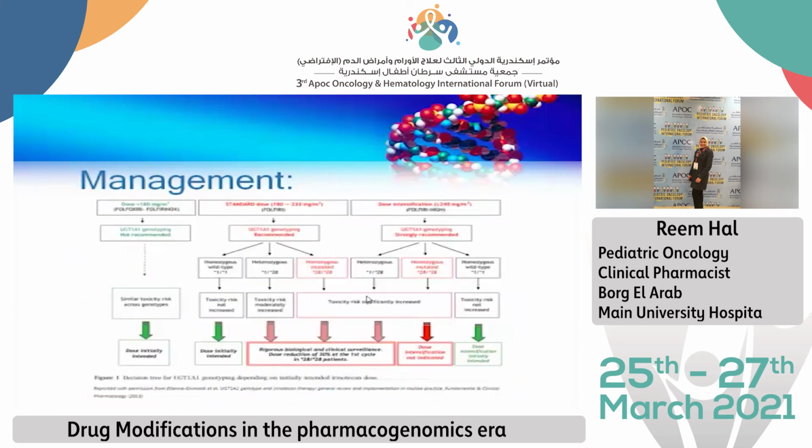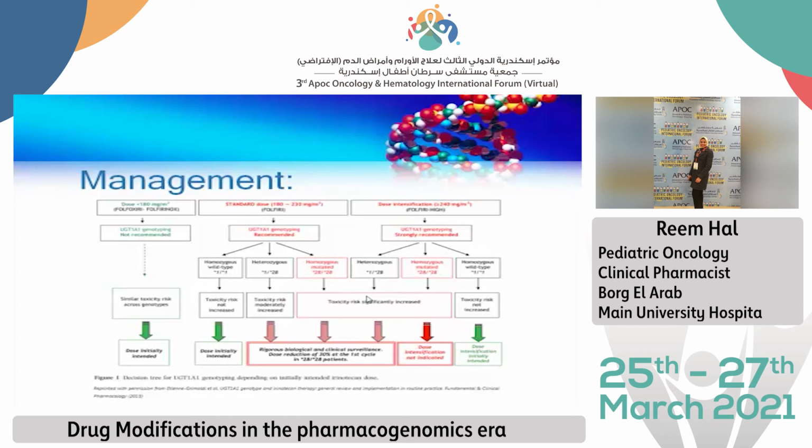Let's go through the diagram of this recommendation. This is an example of a diagram found on the PharmGKB website. If the dose of irinotecan is less than 180 mg per meter square, the UGT genotyping is not recommended.